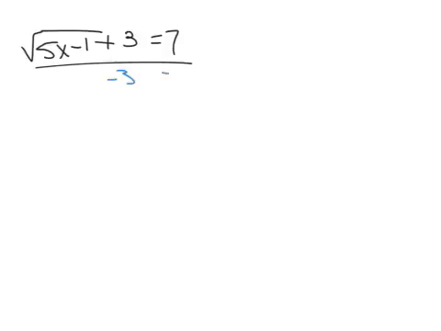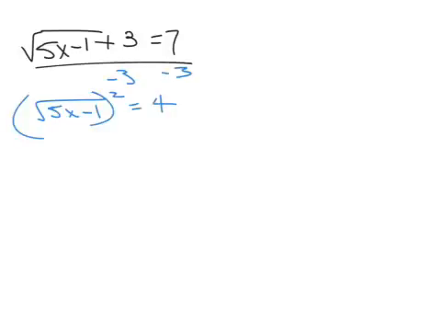The square root of 5x minus 1, plus 3, equals 7. One of the things that I had mentioned earlier in this video, we have to get the radical by itself. We can't solve this if there's a number over there, so we're going to subtract 3 from both sides. Okay?